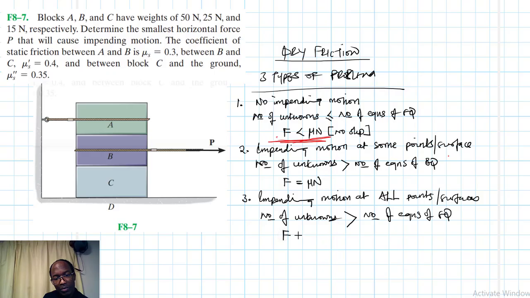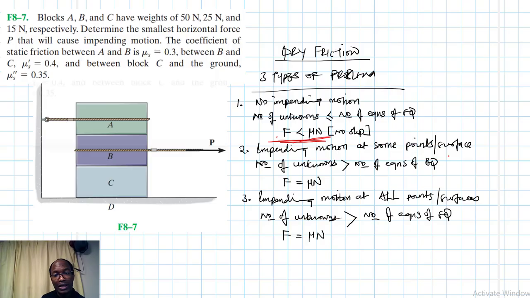Of course, we employ the additional equation F equal to mu N. Here we don't need to check for any slip, because all the contacting points are going to experience impending motion.